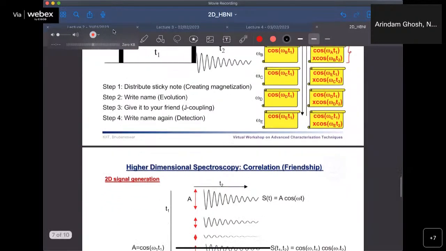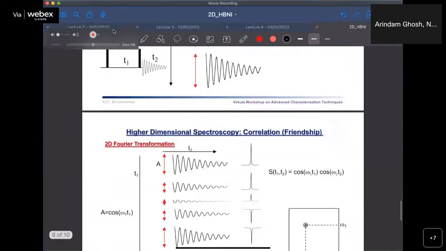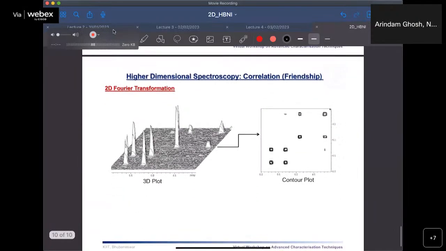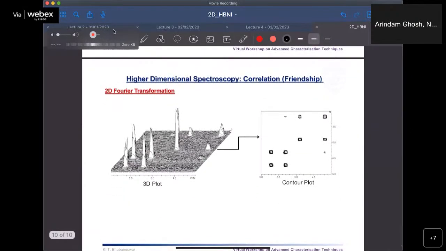And one more thing I should tell you: this omega 1, omega t is there, but this is basically a kind of plot which is a 2D. So you can see this plot. I have these peaks which are on a diagonal. Suppose this one is some spin 1, this one is some spin 2, this one is some spin 3, and this one is some spin 4.